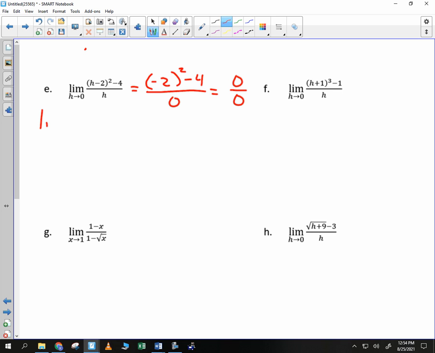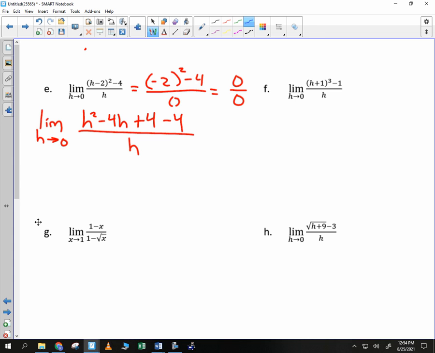So we have the limit as h goes to 0. If I multiply that out, what is h minus 2 quantity squared? h squared minus 4h plus 4 minus 4, all over h. What do you notice?